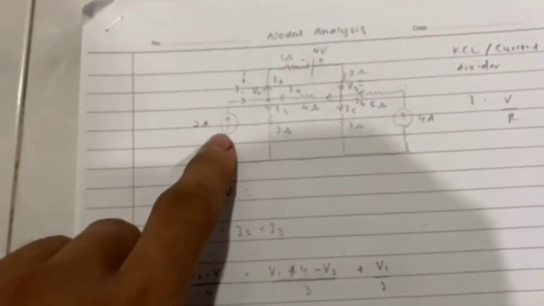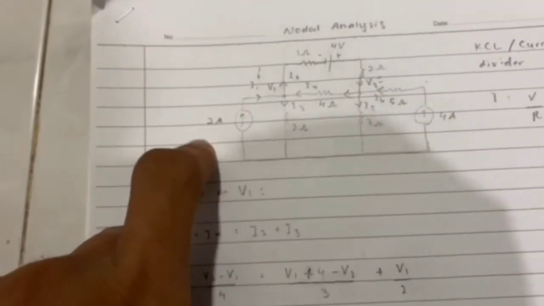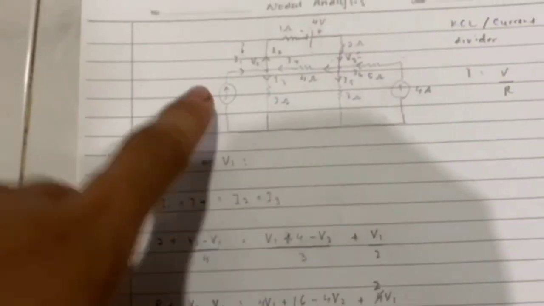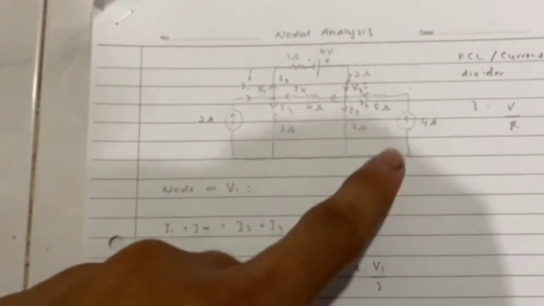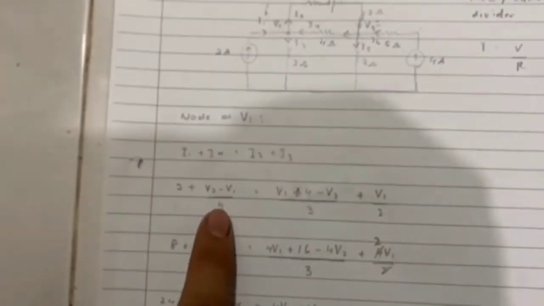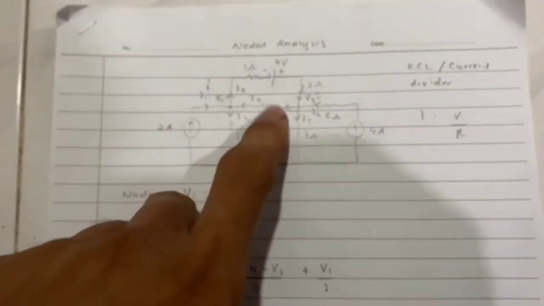From this, we get I1 equals I2 plus I4. For the current entering from V2, V2 is higher than V1, so we write V2 minus V1 over the resistance for the 4 amp. Okay, we got the first part of the first equation.